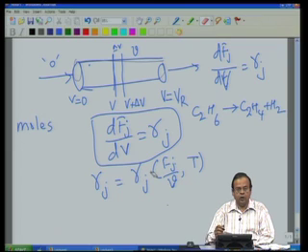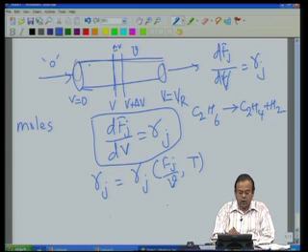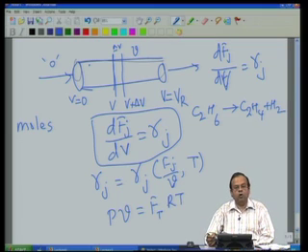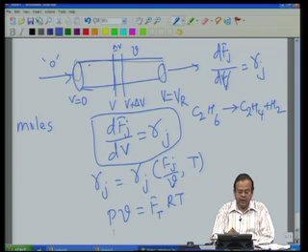But there is one more thing that we need to worry about, particularly when you have a change in number of moles. Recall that we have our equation of state. If we follow the ideal gas law, then P into volumetric flow rate is Ft into RT, and we can write the same thing at inlet conditions.